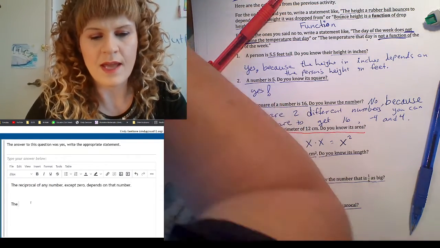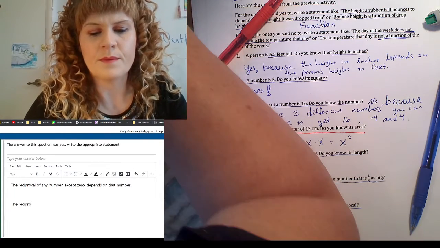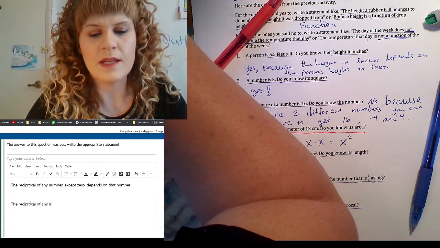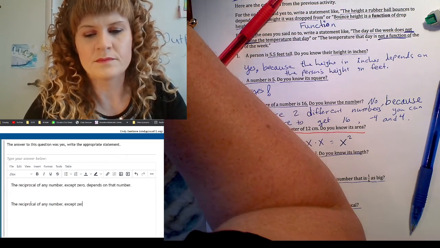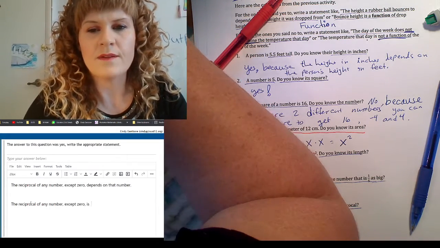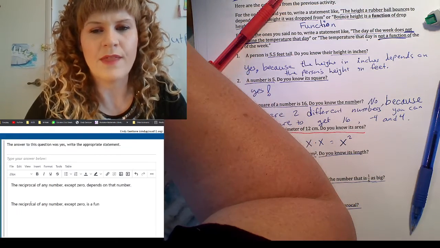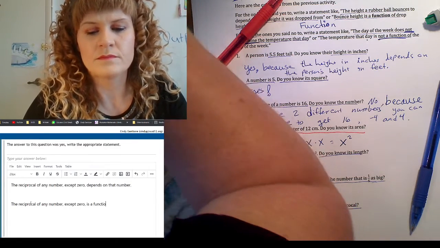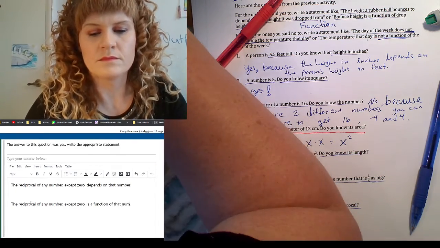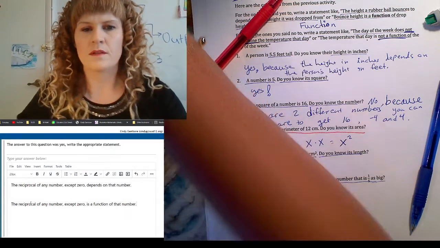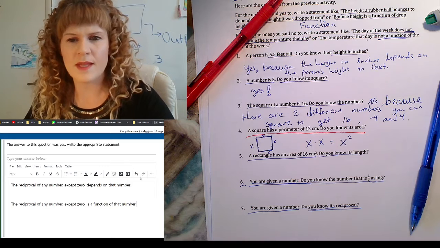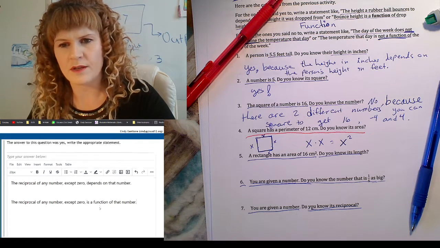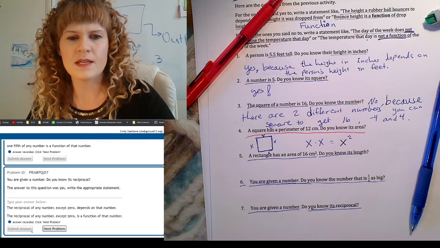You can also say the reciprocal of any number except 0 is a function of that number. You can choose whichever statement you're comfortable with, depends on or is a function of. They both mean the same thing in math.